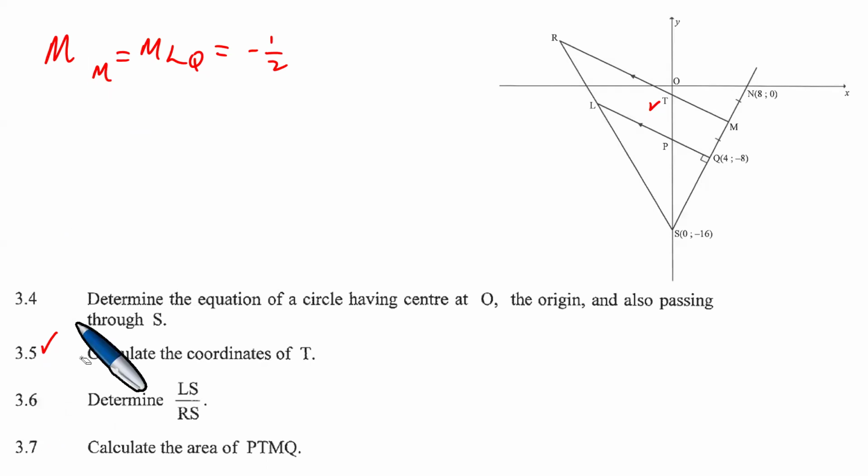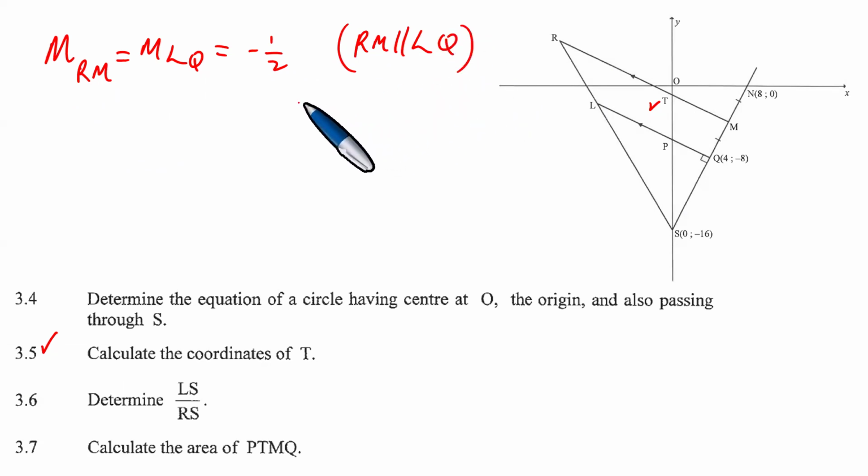Okay, parallel lines have equal gradients. So if parallel lines have equal gradients, then the gradient of RM is equal to the gradient of LQ, which is minus 1/2. The reason is that RM is parallel to LQ, like this.